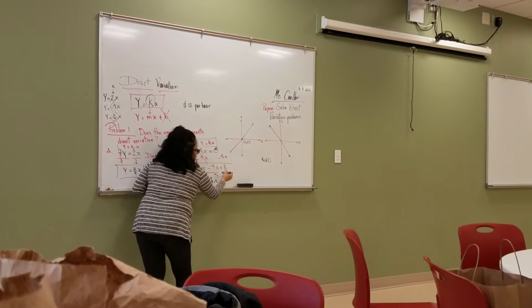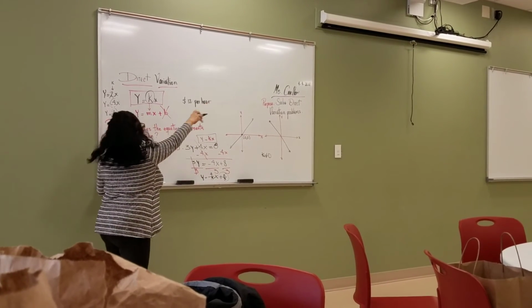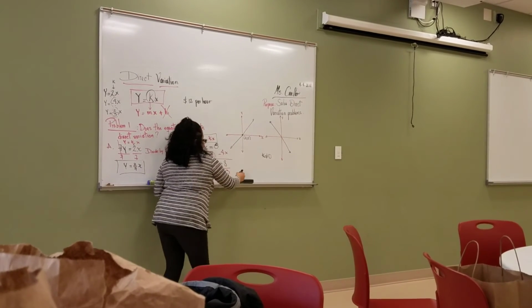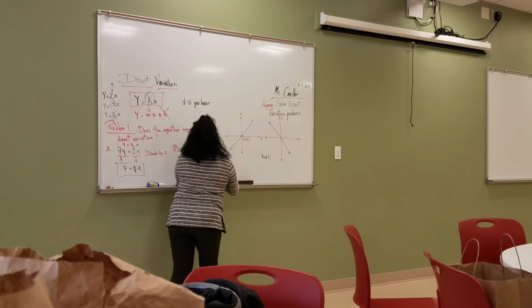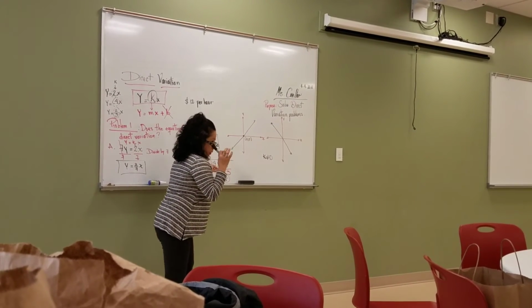Exactly. We have this guy over here, the b. Because in the slope intercept form we have the b. And I said it before, we're not going to have the b. So this one cannot be written as a direct variation equation.